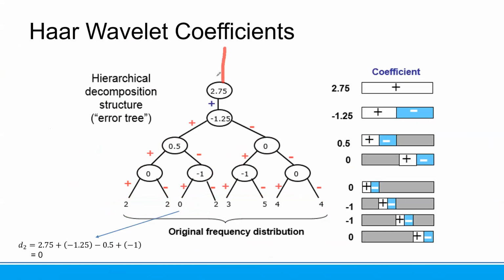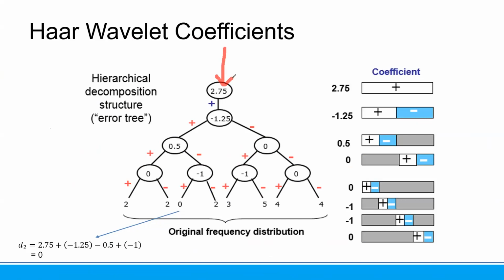If we want to check from the upper part, we can have 0. It starts from the -1, -0.5, and plus -1.5, and plus 2.75. You will get this formula, and the result is 0. So you can get every one of these values by calculating with the detail coefficients.